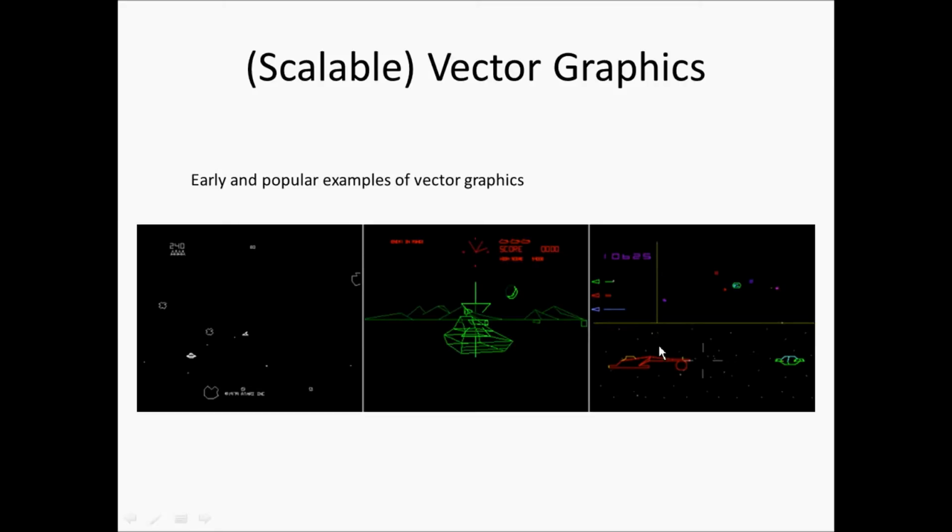All right, let's talk about vector graphics, or scalable vector graphics. I'm going to talk about them just for a minute so you can understand the difference from a raster or bitmap image. A vector image is something you would see in video games. This is something I grew up with.